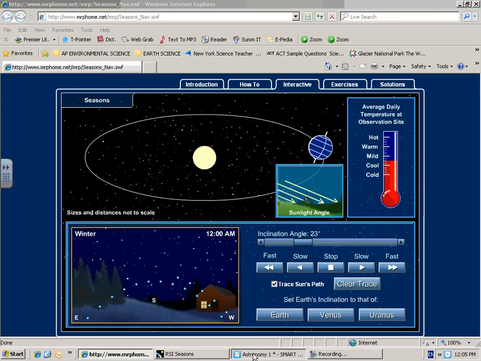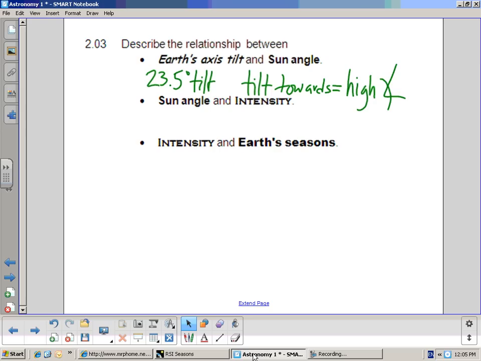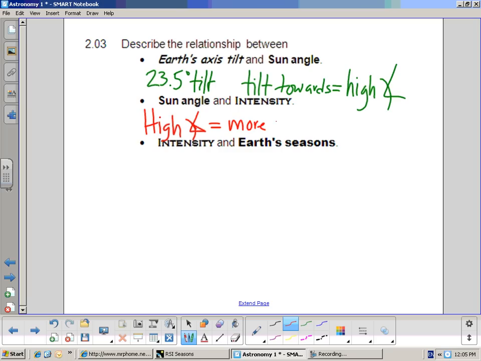All right. Second part, sun angle and intensity. Obviously, if the sun is at a higher sun angle, the sun is going to be more intense. So a high angle equals more intensity. Higher sun angle equals more intensity. And ultimately, if we have more intensity, we're going to get summer.